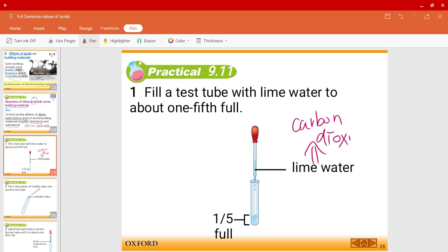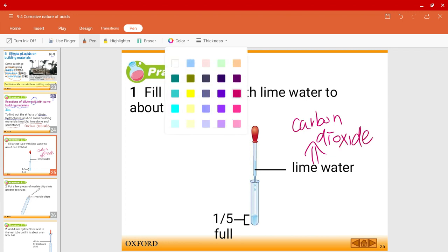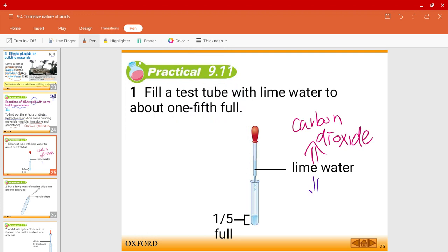And what is the observation you see when carbon dioxide is present? It turns lime water milky. So in this experiment, we'll be seeing whether, after the acid reacts with the building materials, any carbon dioxide gas is given off.